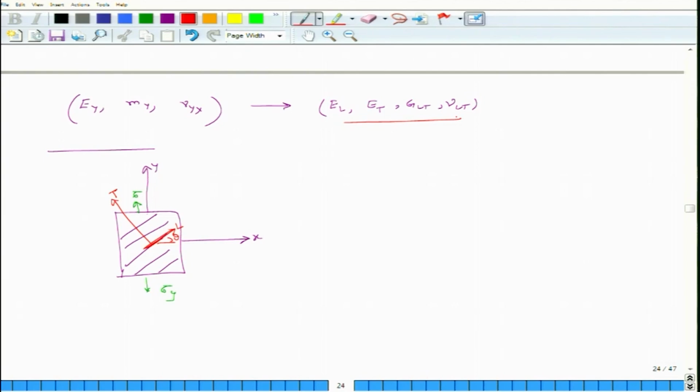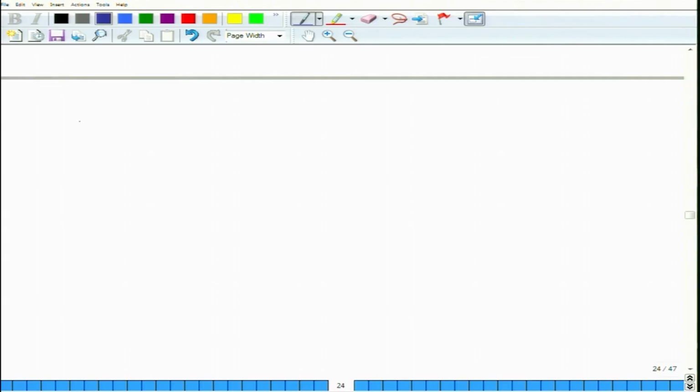All the other steps are very much the same, so we do not have to repeat it. So what I will do is I will directly write down the relations. The first relation is for Ey, Young's modulus in y direction.